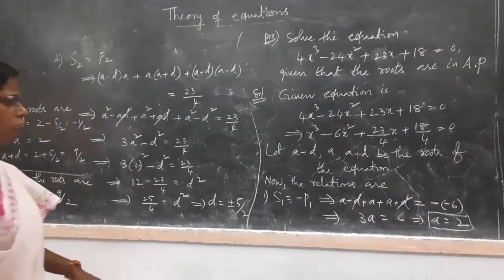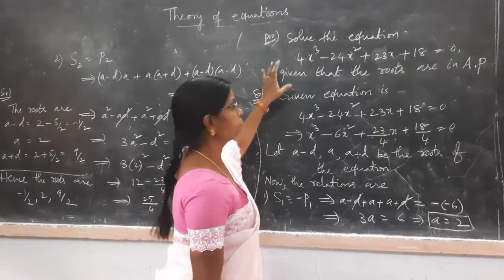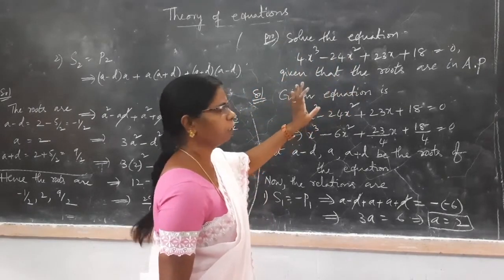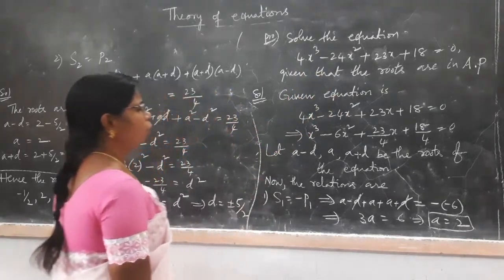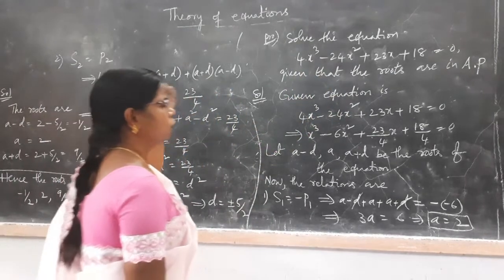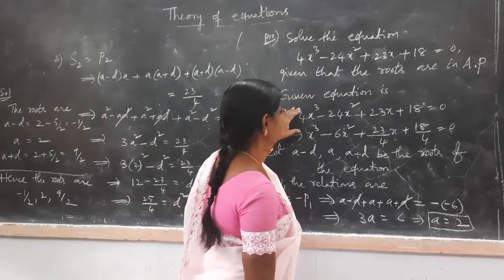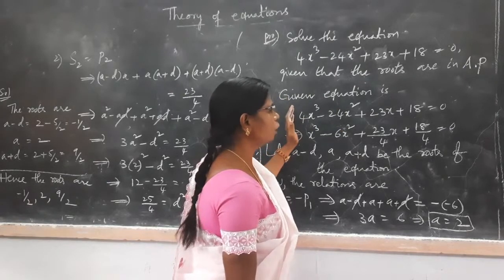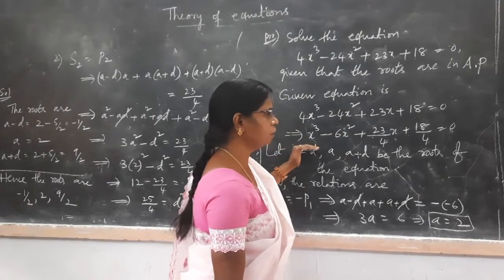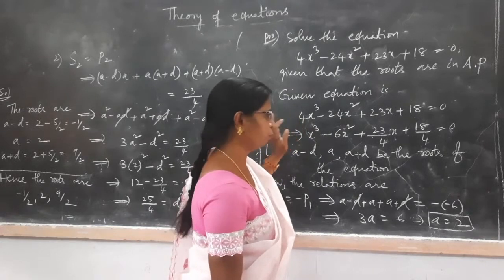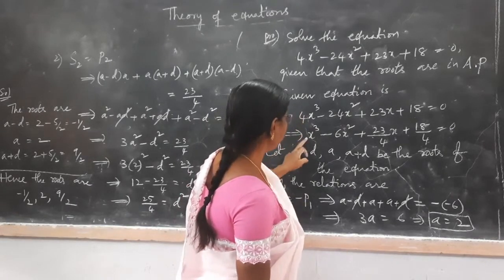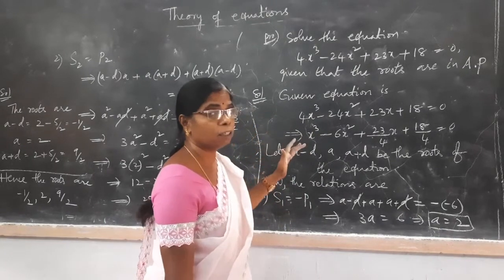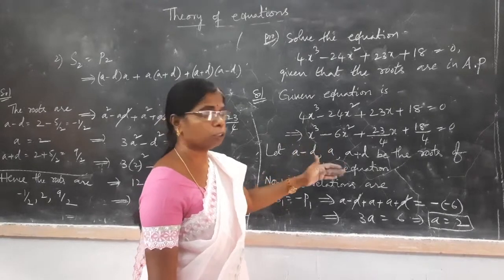Let me explain once again. Solve the equation, given that the roots are in AP. We are given a cubic equation with a small hint that the roots are in AP. I make this a monic polynomial equation by dividing by 4, the leading coefficient. You have to make the leading coefficient 1 always before writing the relations between roots and coefficients.